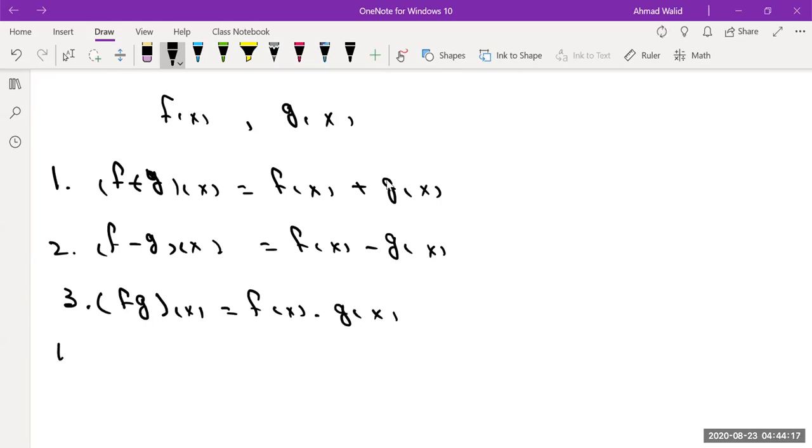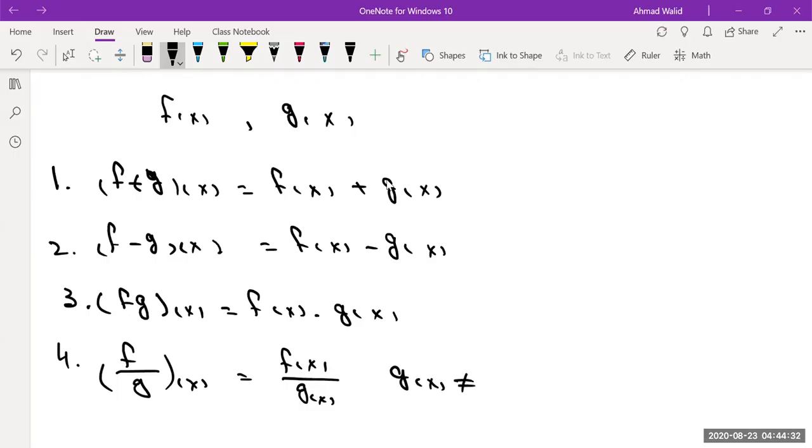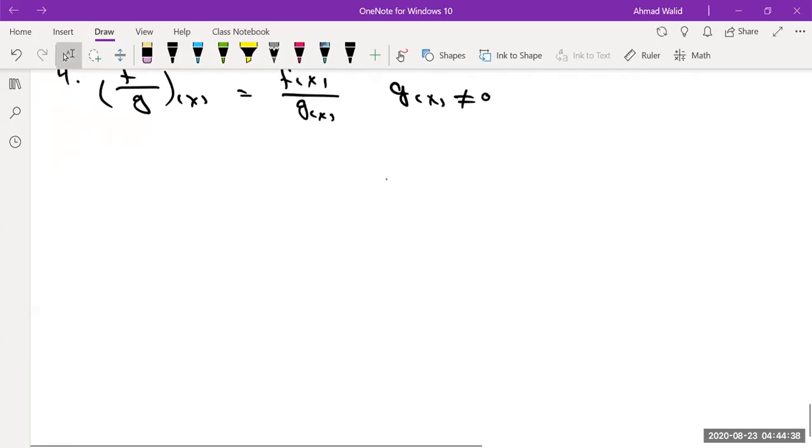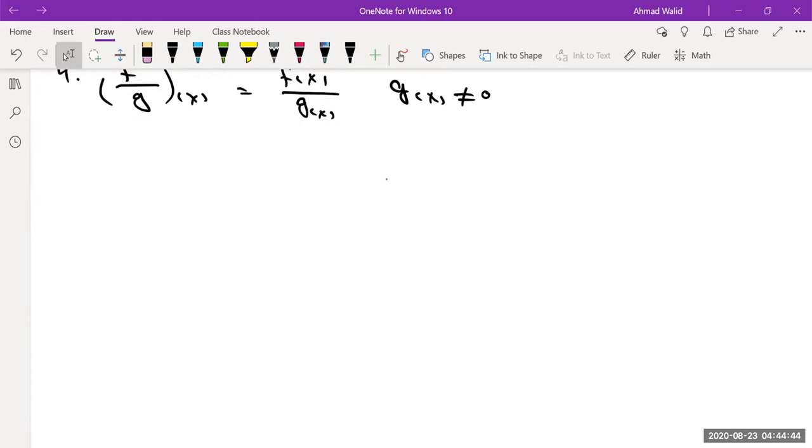Or you can divide, f over g of x, which means f of x divided by g of x, but in this case, your g of x cannot be 0. Correct? This one is the simple one, in which you add two functions, or subtract two functions, or multiply two functions, or divide two functions.